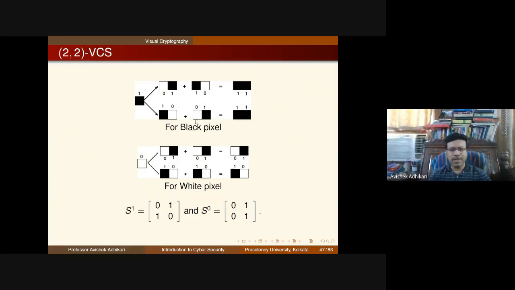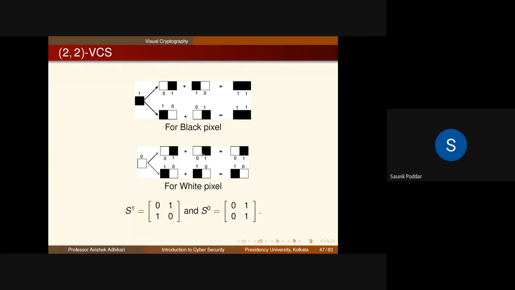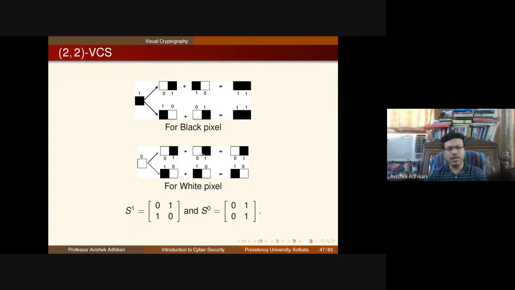But if you encode black to be 0 and white to be 1, then the whole operation will be an AND operation, just a mathematical term, nothing else. Is there any general convention? Usually we denote black by 1 and white by 0. That's why the whole thing is becoming a binary OR operation.